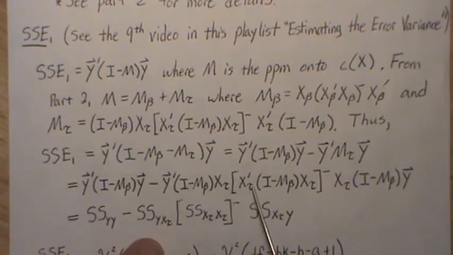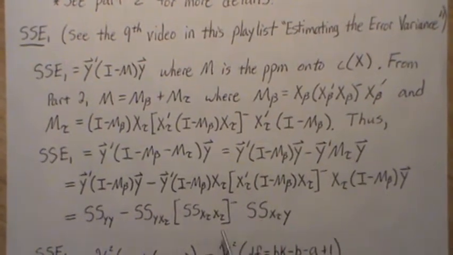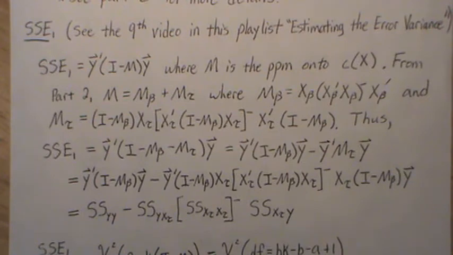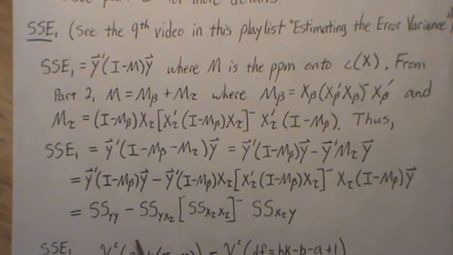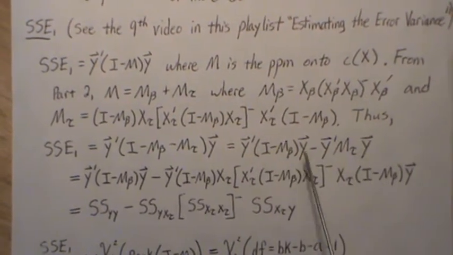YX tau. This would be SSX tau generalized inverse, sum of squares x tau y. And anyway, in a lot of books, they create these tables that you add up certain things, and you hold them in this table, and then you sum them all, and boom, you get the sum of squared error. But really, you could just use this piece right here, and we're done.